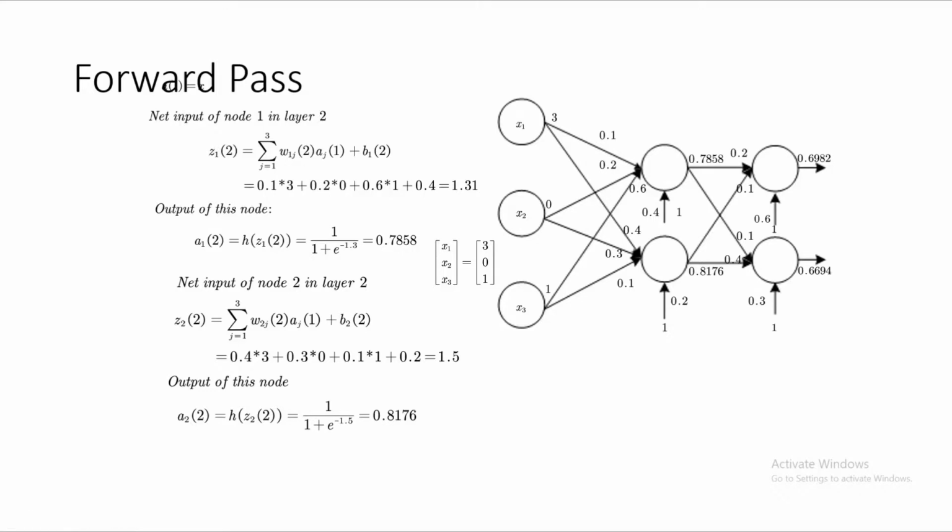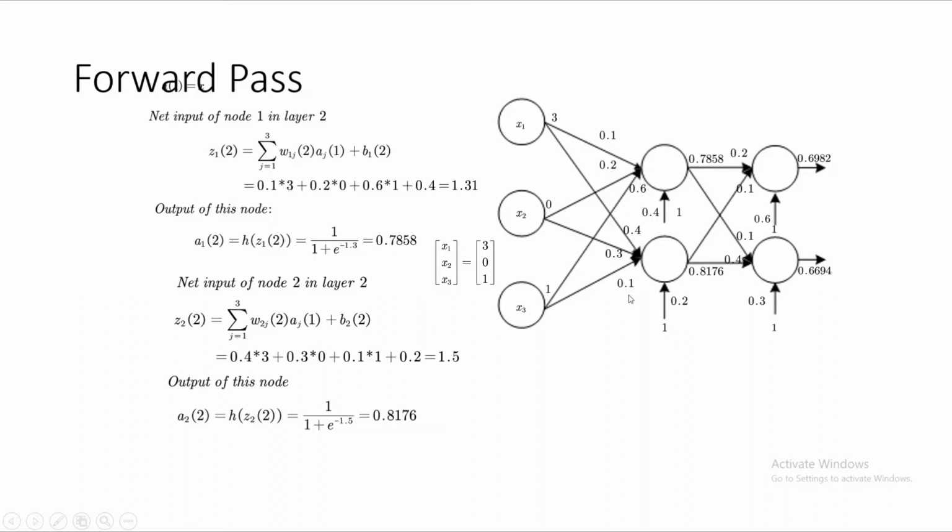We multiply each input value, or activation value, with its weight, sum them, and add the bias value. Then we use the sigmoid function as the activation function and get the output of this activation, which is 0.7858 for this particular node.